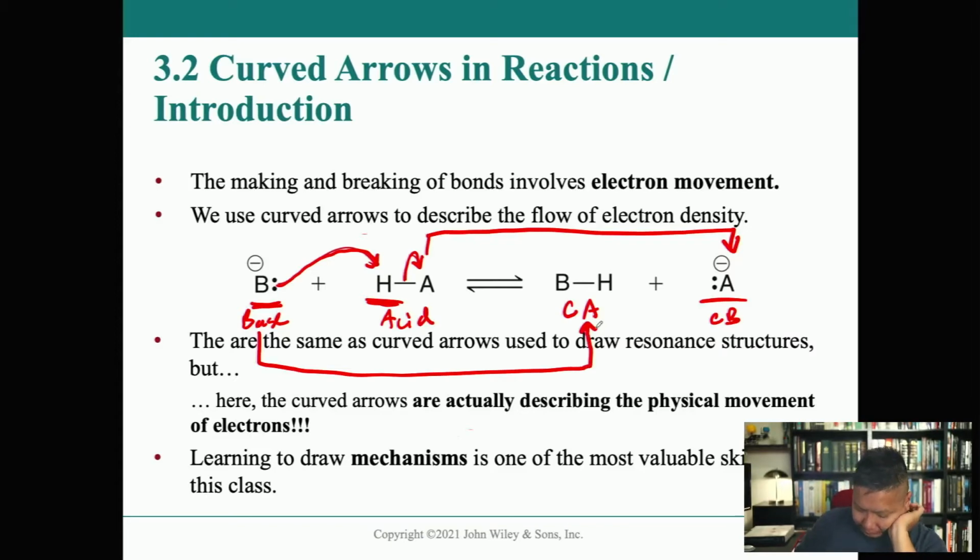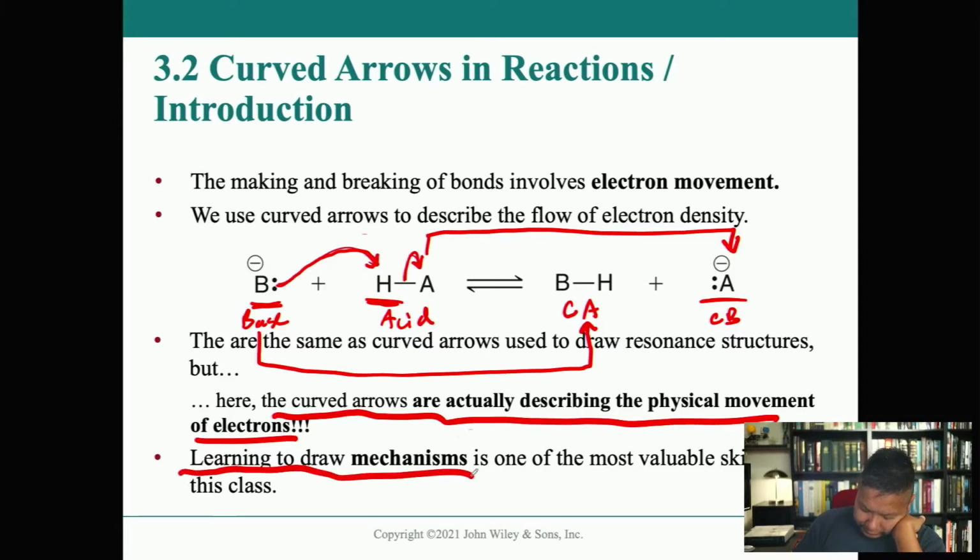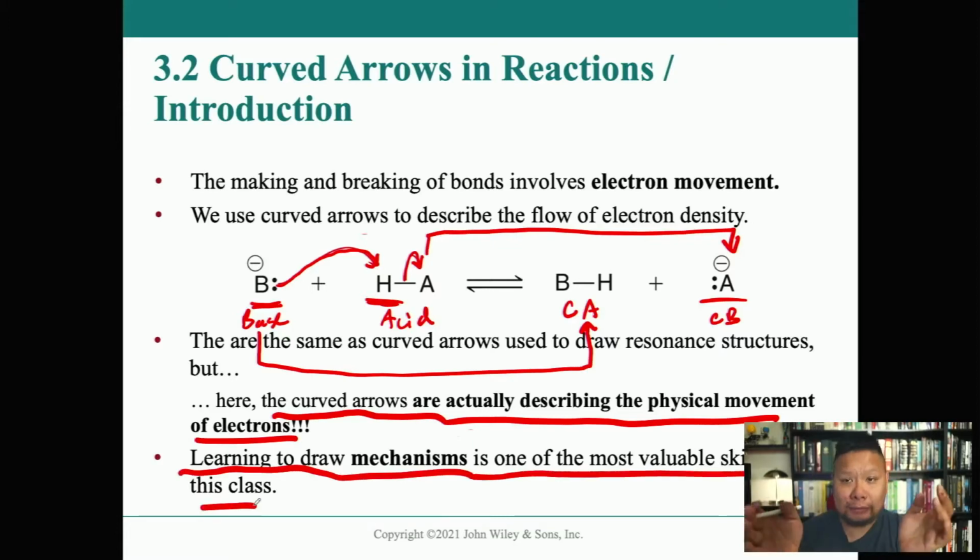So the thing I just want you to remember, though, is that the curved arrows are actually describing the physical movement of electrons, right? That's really, really important. So you have to learn how to draw mechanisms. It is one of the most valuable skills in this class, okay? And just remember, in the very first lecture I told you that pushing electrons and drawing the movement of electrons in a molecule and from one molecule to another is a simple thing once you get the hang of it, because all you do is you move electrons from the more negative thing to the more positive thing, right?